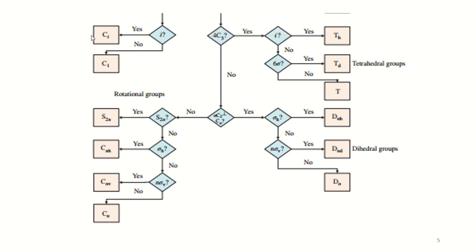If the molecule has a single Cn axis and n vertical mirror planes exist, the molecule will belong to the class of Cnv point groups.